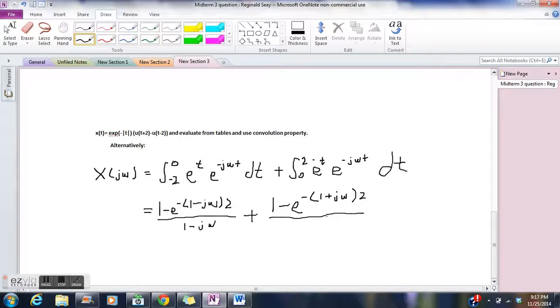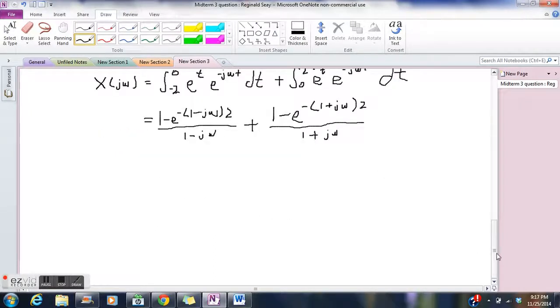We had -2 to 0 as our left interval, and 0 to 2 for our right half interval, and we also had a negative t for the right interval and just a regular t for the left interval. That's the main difference, and the only thing that changed is making 1 plus j omega for the exponential and the denominator, and 1 minus j omega for the exponential and the denominator of the left hand side one.